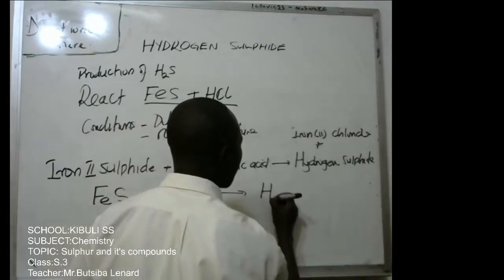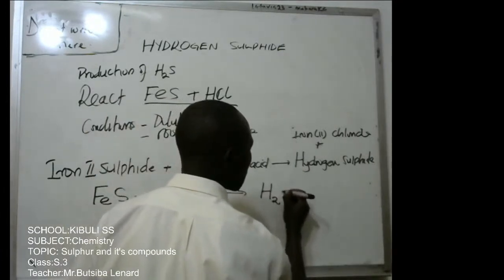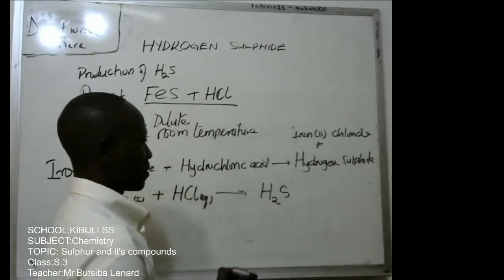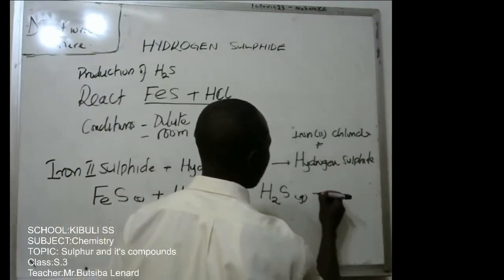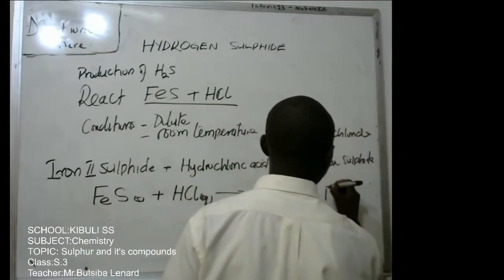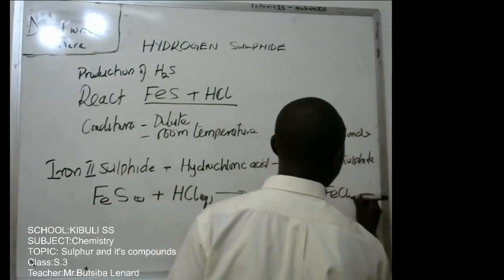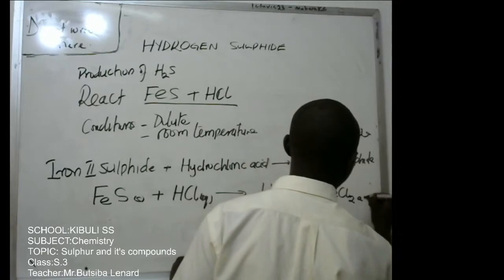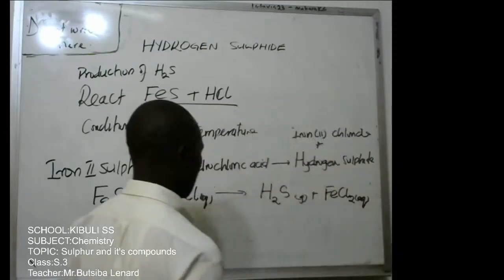Hydrogen sulfide is H2S, and it is a gas. What will be formed? We said iron 2 chloride is going to be FeCl2, and this is aqueous.